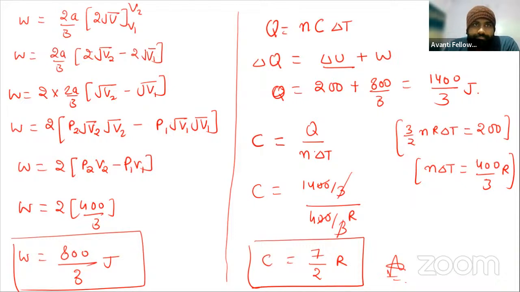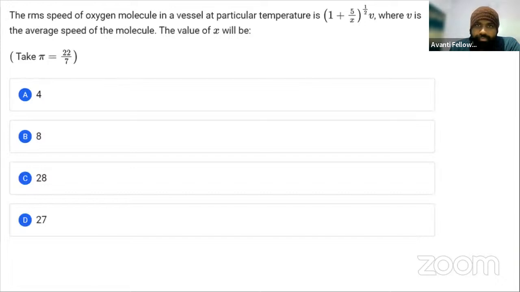So, move on to the next question. This is a previous year question of JEE Main, directly from a very important formula. Most questions you will see are from RMS speed.